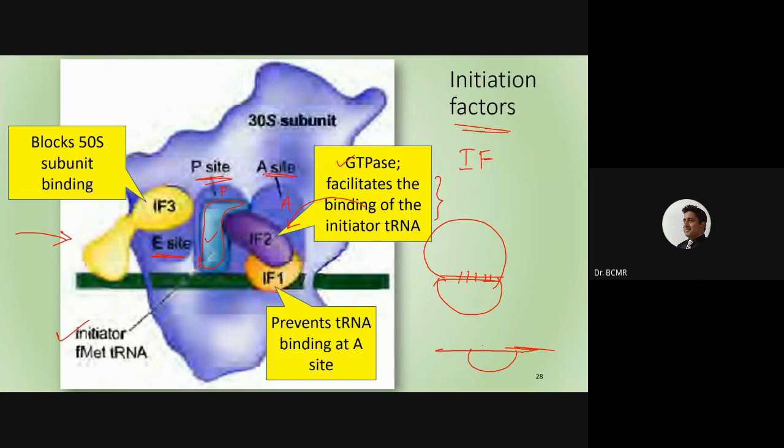Instead, if IF3 is present, occupying like this, the large subunit will not be able to bind to this. So in prokaryotes, initiation typically occurs with separate subunits of the ribosome. The small subunit recognizes the mRNA, and then the initiation complex is organized on top of it.